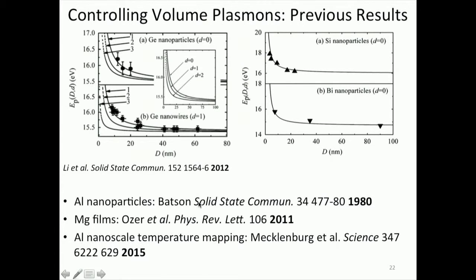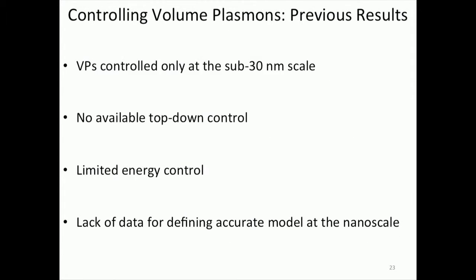Furthermore, there's some interesting work from Batson, who studied aluminum nanoparticles. Recently, there have been some other interesting works where people study volume plasma in magnesium thin films down to the atomic scale. And also, people have used the volume plasma resonance to map temperature in aluminum nanostructures. So to sum up the results in the literature, volume plasma could be controlled only at the sub-30 nanometer scale.